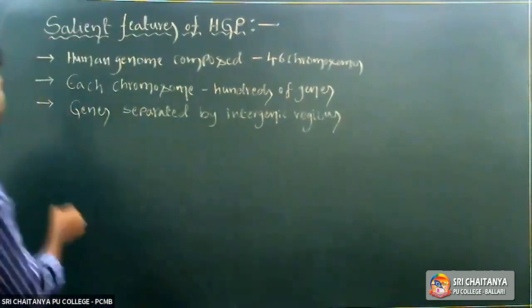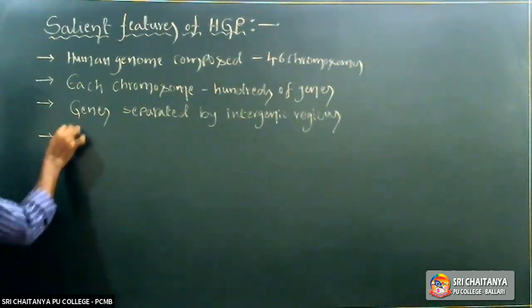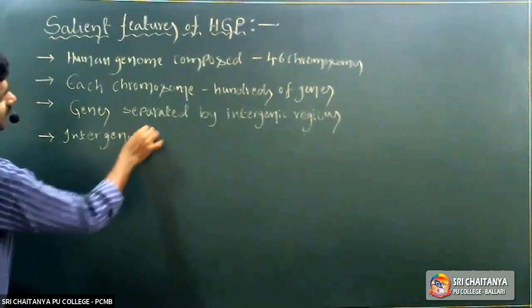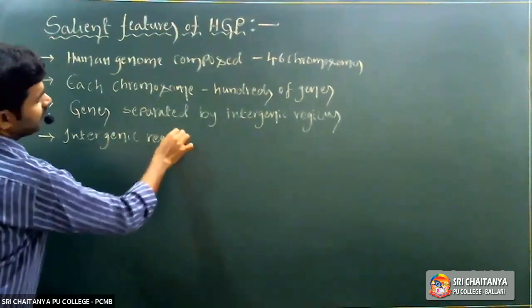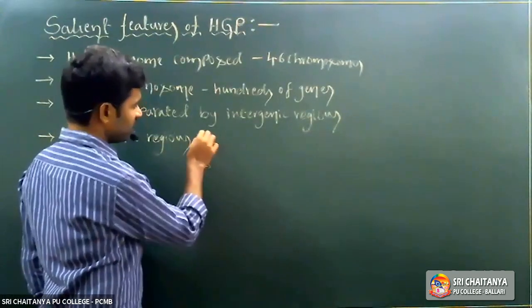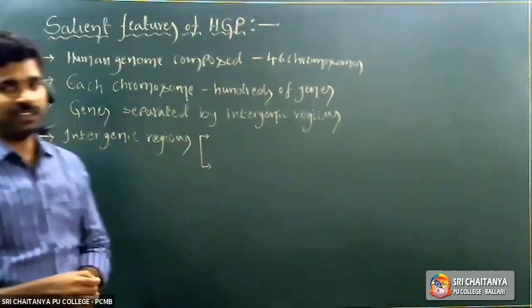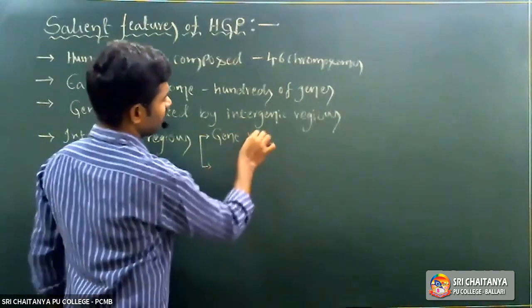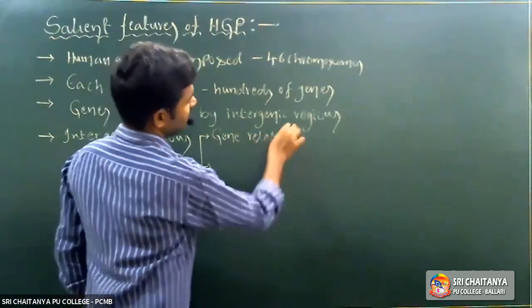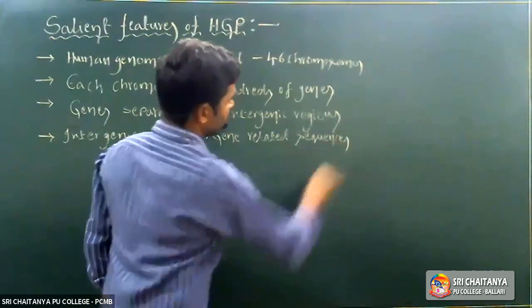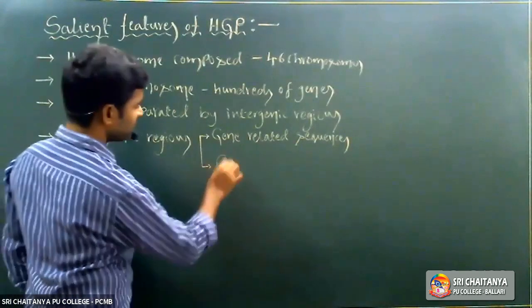That intergenic regions consist of gene related sequences and extragenic DNA, right? What are they? Gene related sequences, and another one is extragenic DNA.